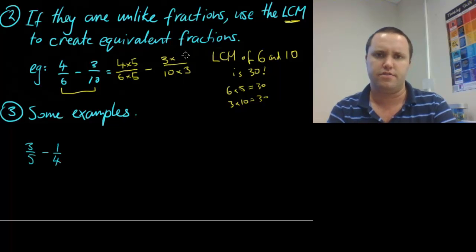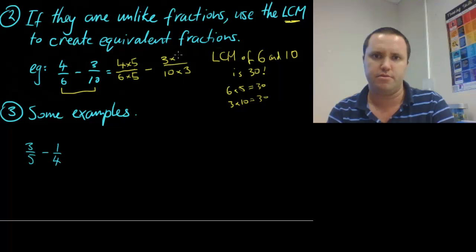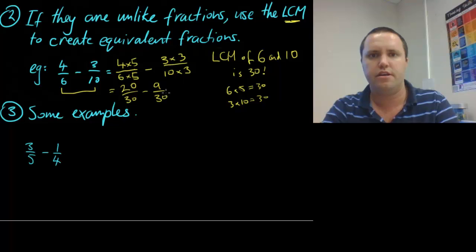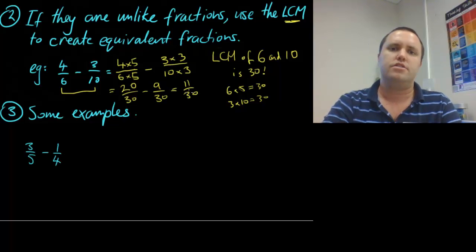Got myself confused because this fraction's a bit weird like that. So we end up with 20 over 30 minus 9 over 30, which is easy now, 11 over 30.